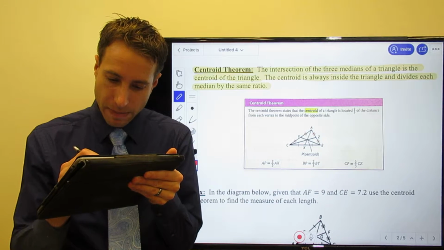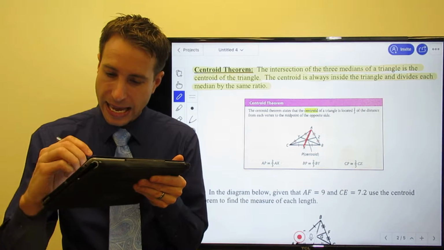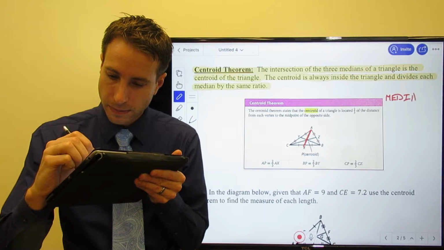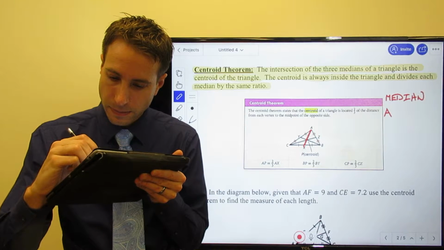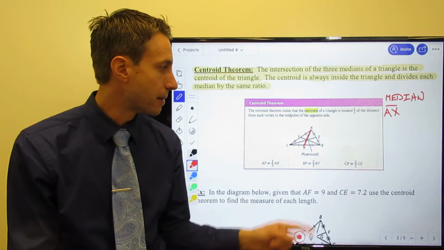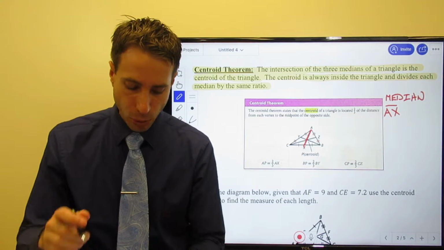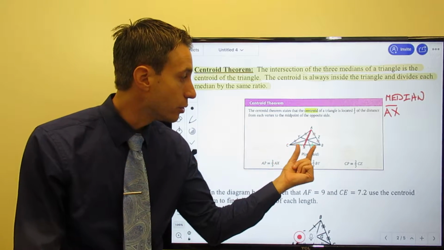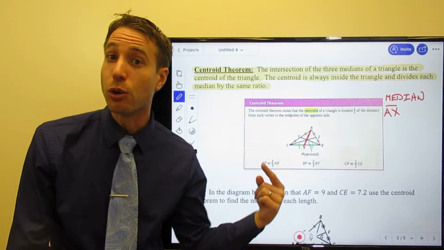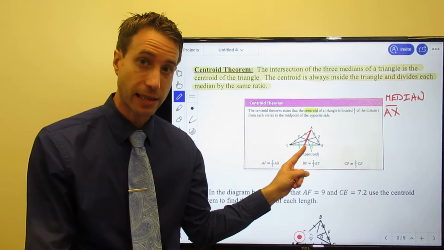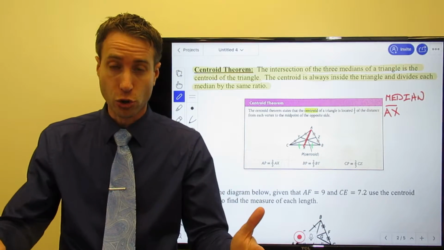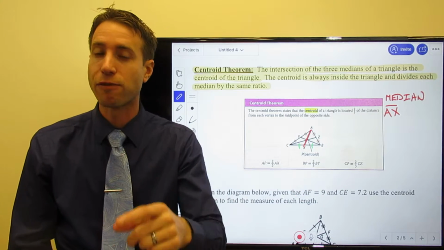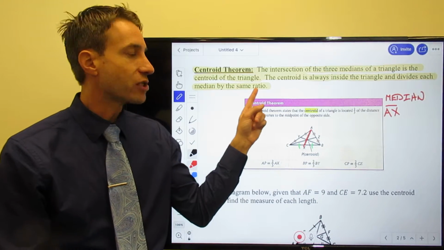This median, A to X. Again, really important, it's a median because it divides the opposite side into 2 congruent segments, because it goes to the midpoint. So CX and XB are going to be congruent. But we want to talk about this ratio.